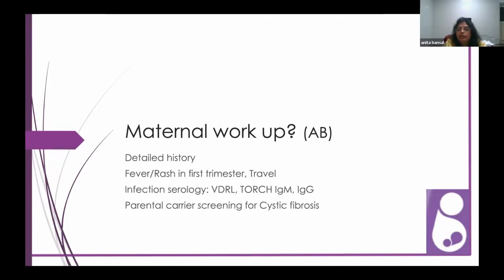Cystic fibrosis can be there, but that should be screened before the pregnancy. But for TORCH infection, if we have the previous reports, then we can compare the two. Otherwise, we have to see whether IgG or IgM are positive or not. Parental screening for cystic fibrosis is also something that we would want to do.